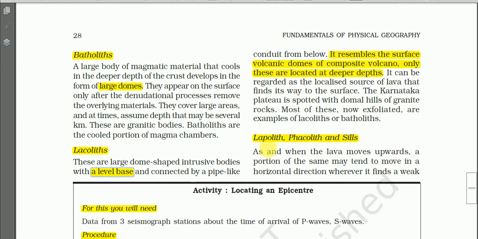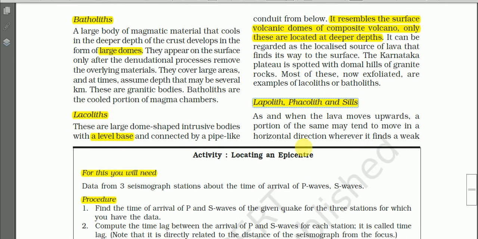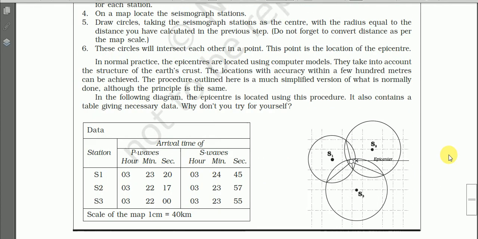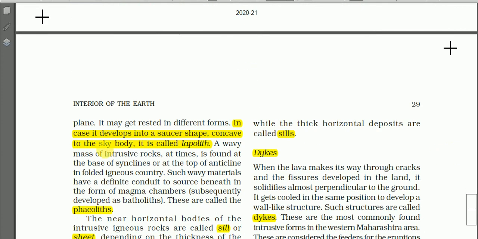Next we have other intrusive forms like Lapolith, Phacolith, and Sills. Let us read. As and when the lava moves upwards, a portion of the same may tend to move in a horizontal direction whenever it finds a weak plane, and it may get arrested in different forms.